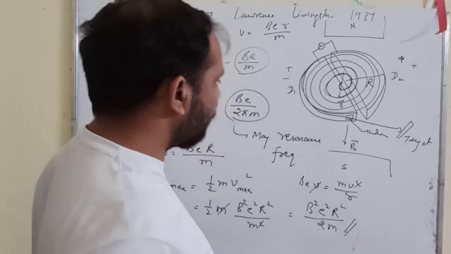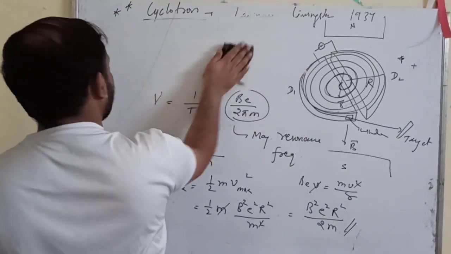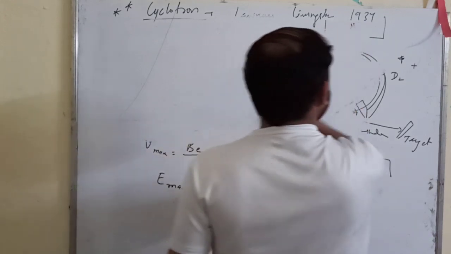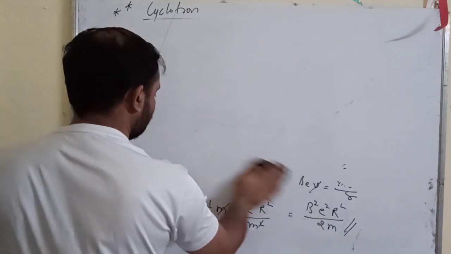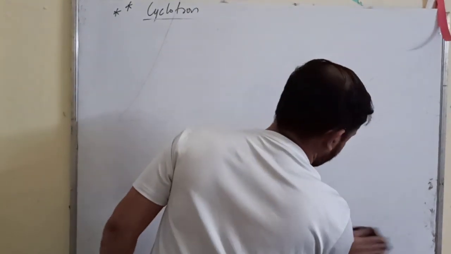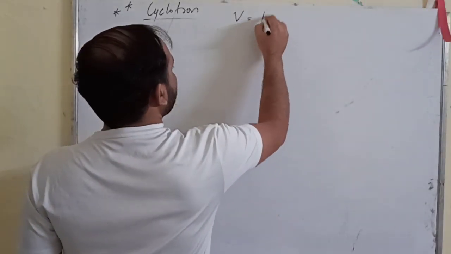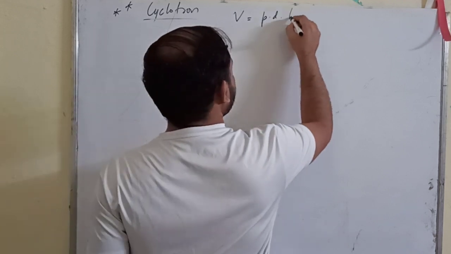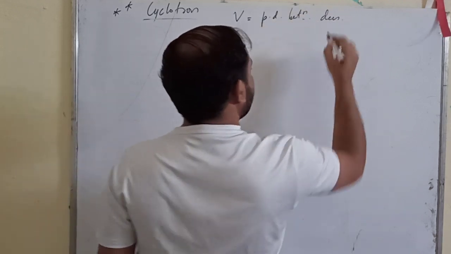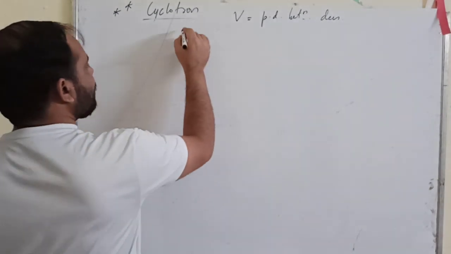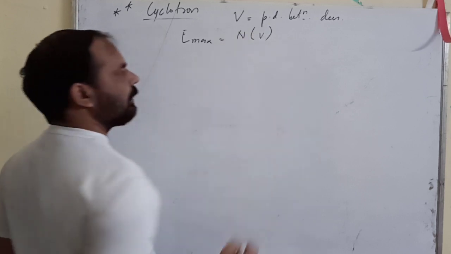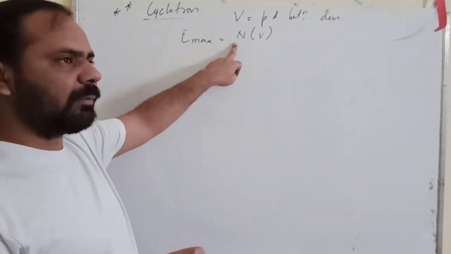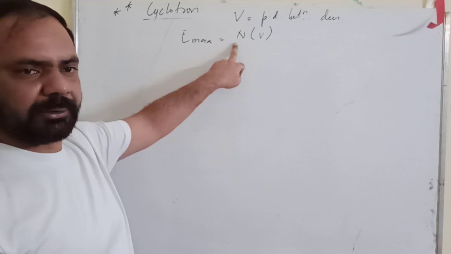There is one more formula with which you can obtain how much energy the charged particle can get. Suppose V is the potential difference between the D's. Then E max equals N times V. See, N is the number of revolutions, right?